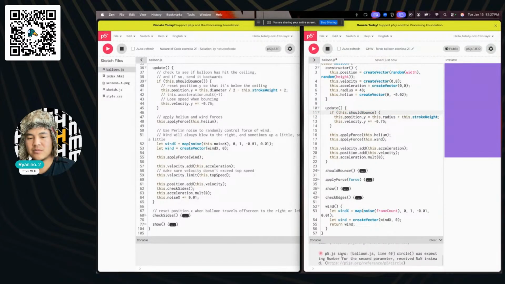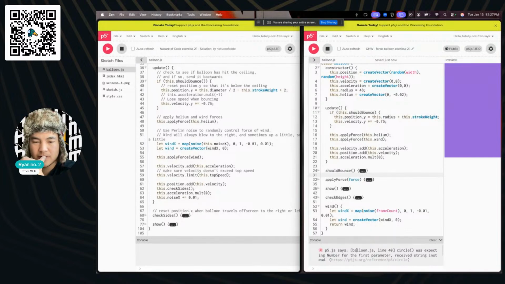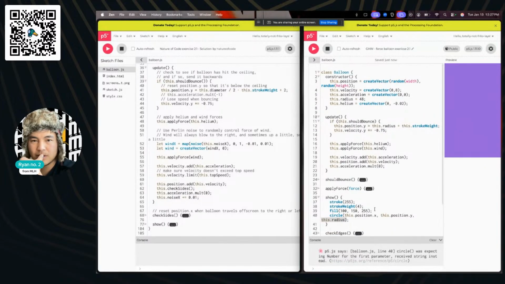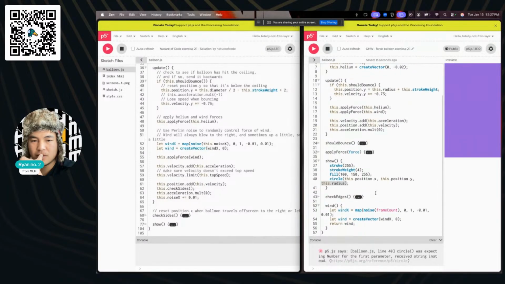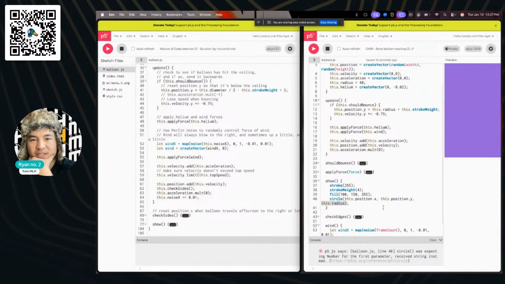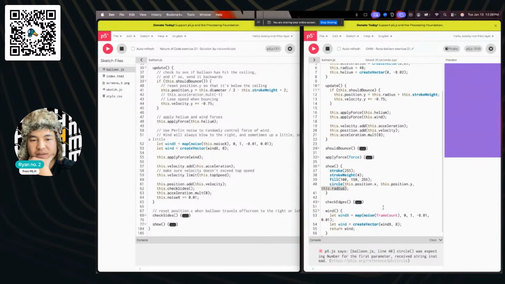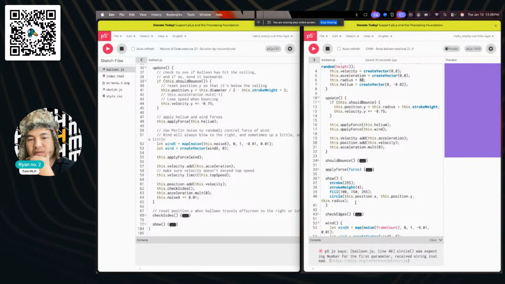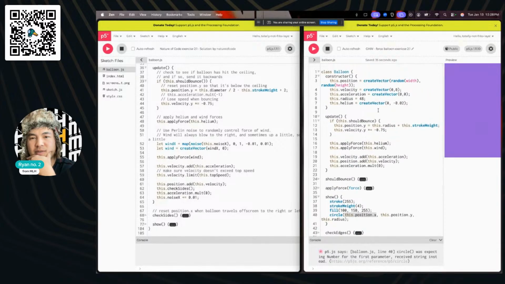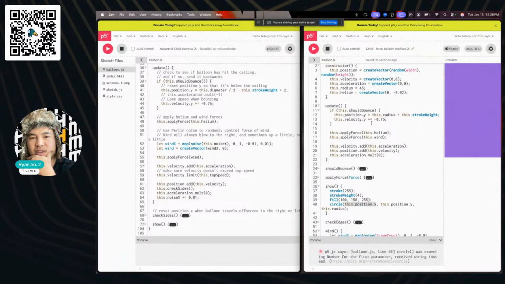Circle was expecting a number for the second parameter and it received 0 instead, or not a number. So I'm guessing that's because this is the value that got messy. It received a string instead. This doesn't look like a string to me. This dot radius, how curious. For the first parameter, so this dot position dot x somehow became a string.